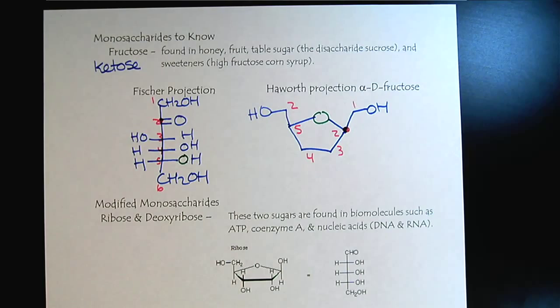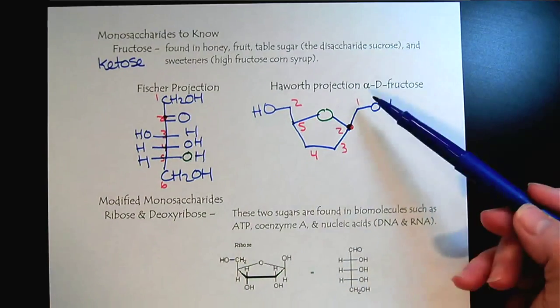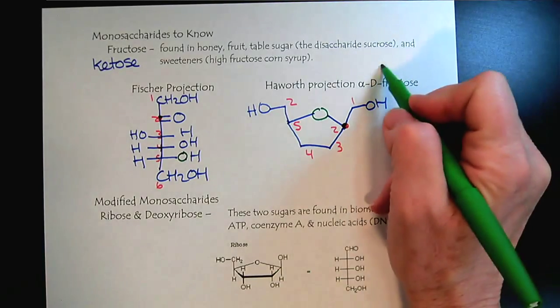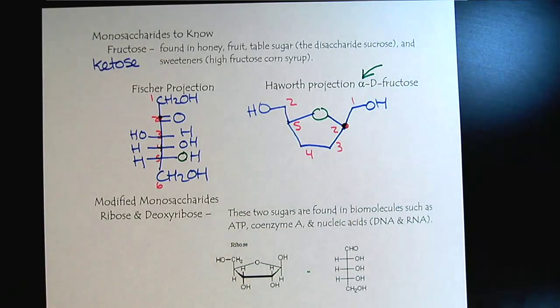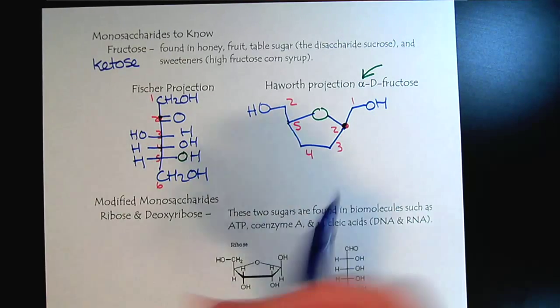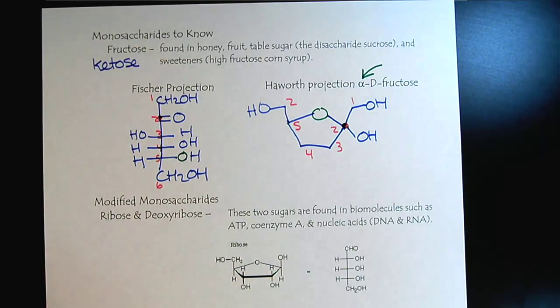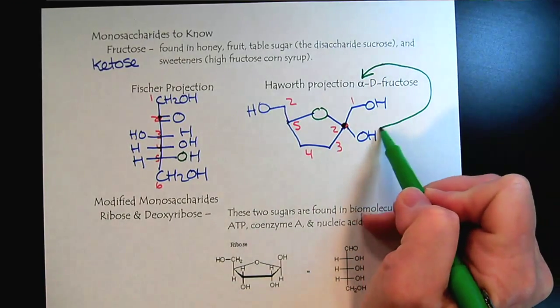And then I knew to point, so this flagpole we have to pay attention because we have the alpha anomer. We know to put our hydroxyl group down because ants are on the ground, ants are low.